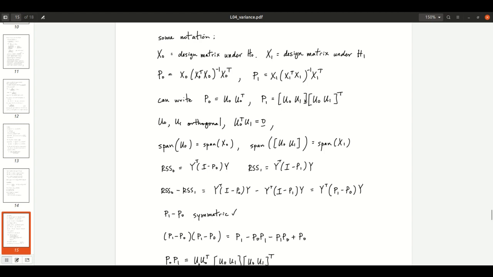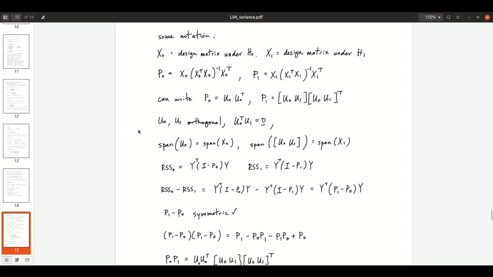Now, one notational thing. In our grandparent example, X1 will have 7 columns. X0 has 3 columns. Here, U0 has 3 columns, and U1 will have 4 columns, one for each additional covariate. All right.